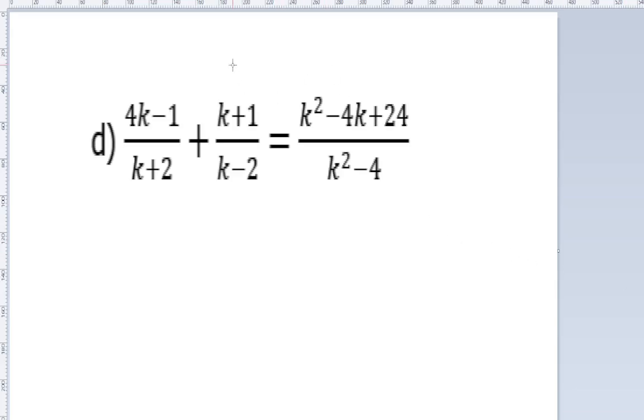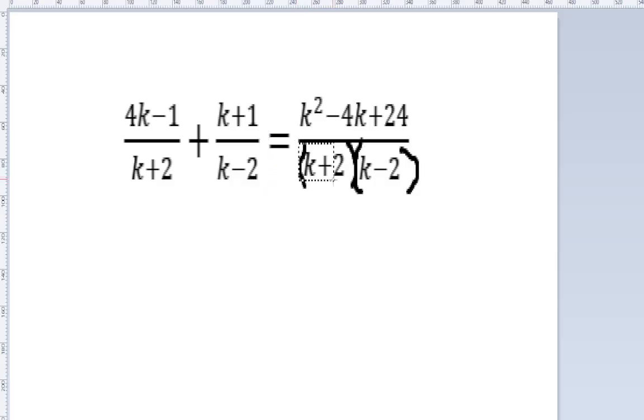You know what? There's one other technique that your teacher might teach you, because notice that this one here breaks down into these two factors, k plus 2 and k minus 2 in brackets. So your teacher, and he wouldn't be wrong, might suggest getting rid of that denominator first.